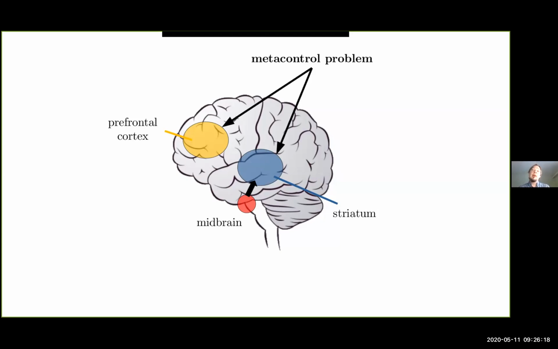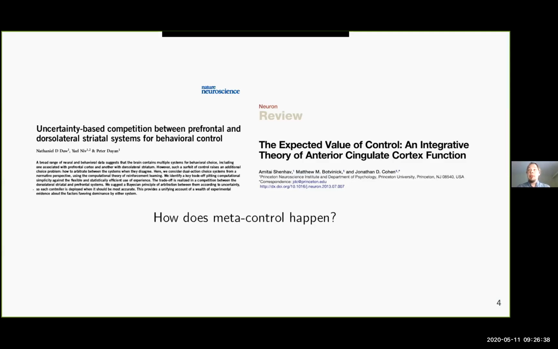So we do not only have here two controllers that aim to figure out the optimal policy for different control tasks. We also have a meta-control problem that needs to figure out which of these controllers to use in different situations. There are very interesting papers I have highlighted here for your reference that deal with how this meta-control happens in the human brain. However, I won't go into that in any more detail.